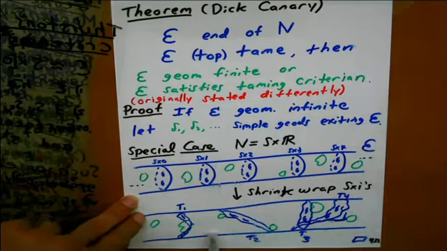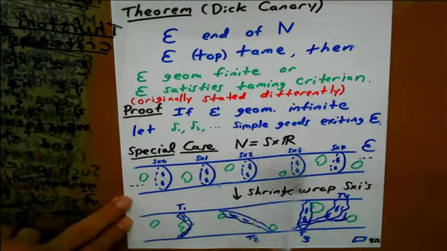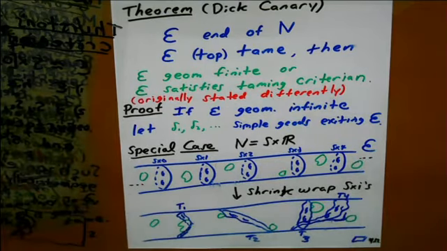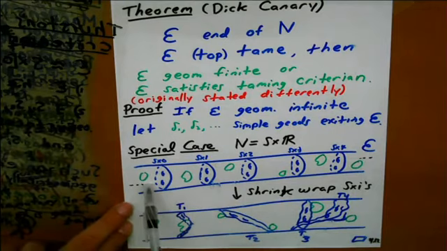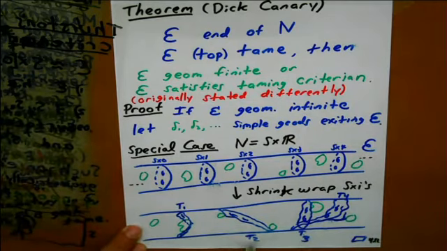Since the end is tame, we can look at a section of the end that's really far out. So if we look at the 1000th geodesic, then we look at some surface after the 1000th geodesic, or here. I didn't draw 1000, I drew like 1, 2, 3, 4. But here's a surface that's after the second geodesic, but before the third, like this one here.